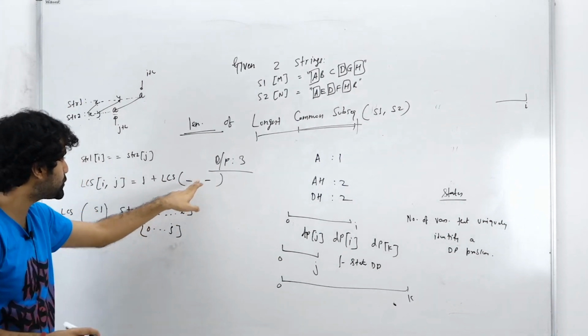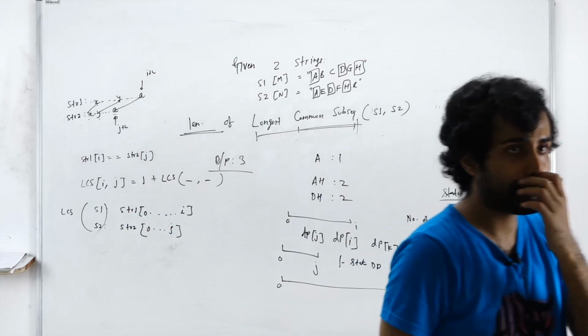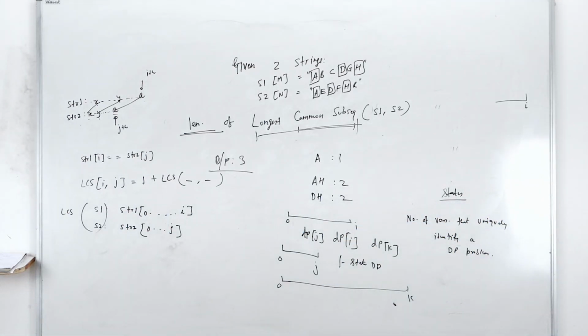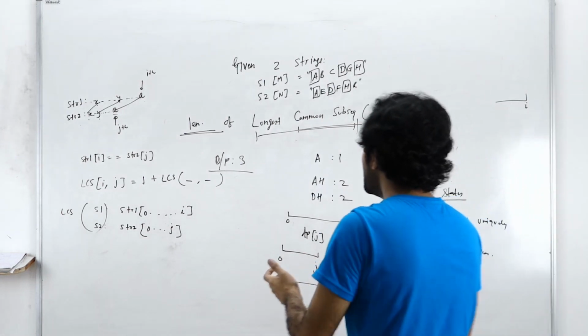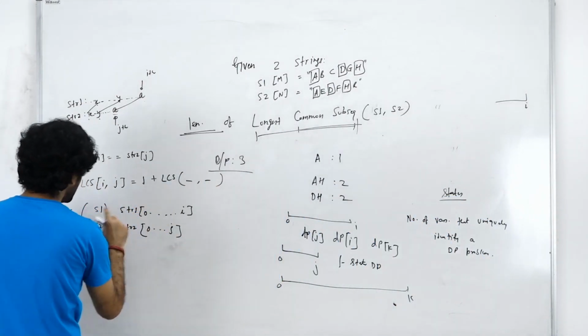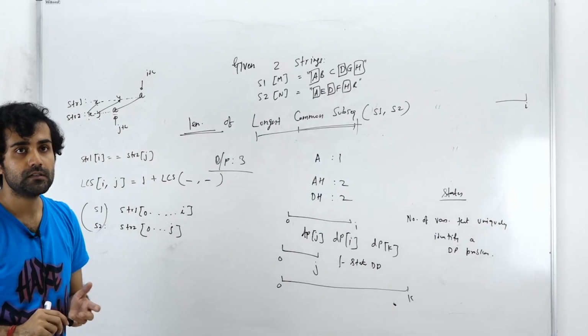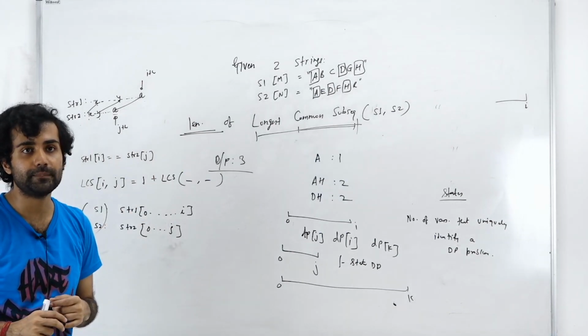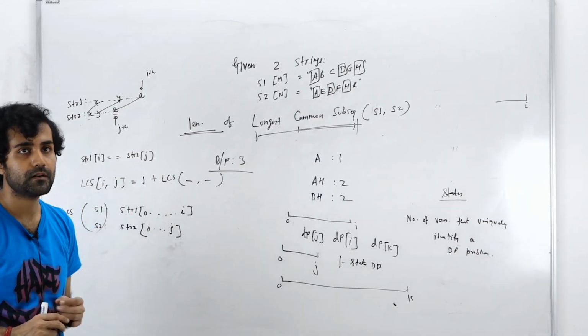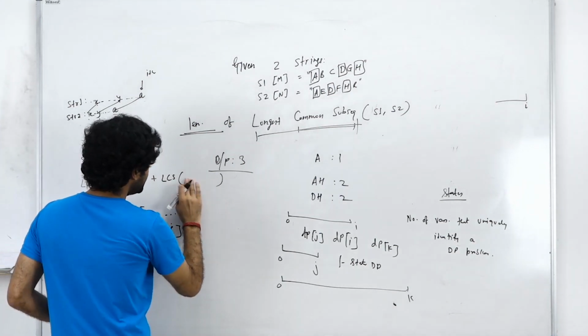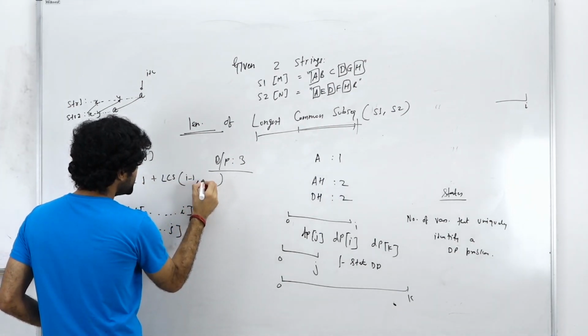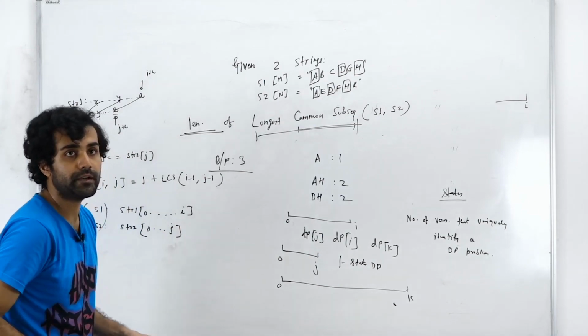Can you tell me what these two other things should be? They should definitely denote strings of size smaller than these two. So they should clearly be LCS(i minus 1, j minus 1), right?